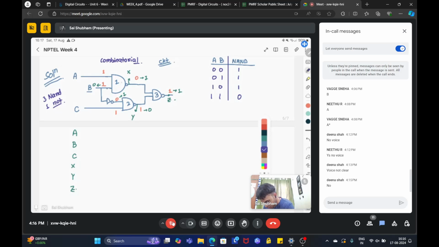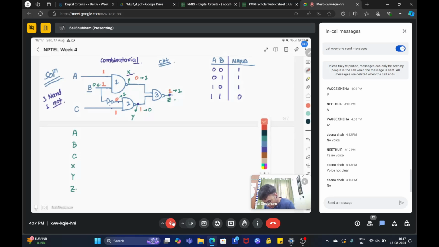this A and B is the input to this NAND gate 1 and X is the output. Suppose we name it as X. Now here, B complement goes because there is a NOT gate, and we have C. Suppose the output at this point is Y. Okay. And X and Y are the inputs to gate 3 and the final output is Z. Fine. So let's look at each of the nodes.